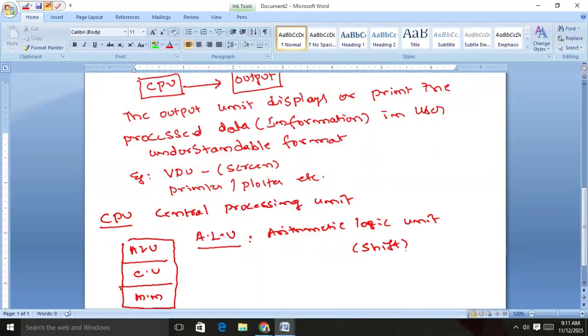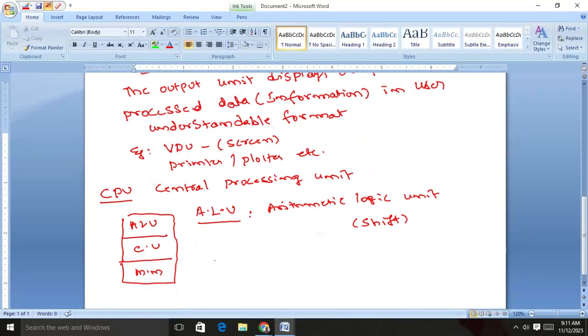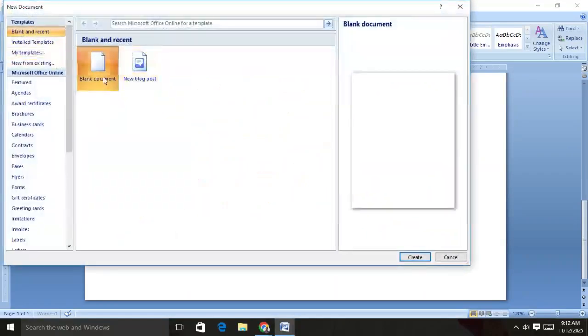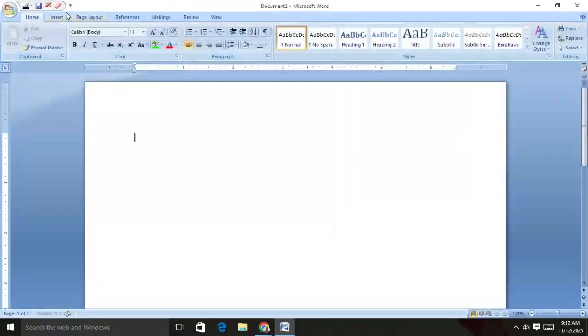I will explain. So the total name of this ALU is arithmetic, logic and shift unit. All arithmetic, logic, and shift operations are performed in the ALU.